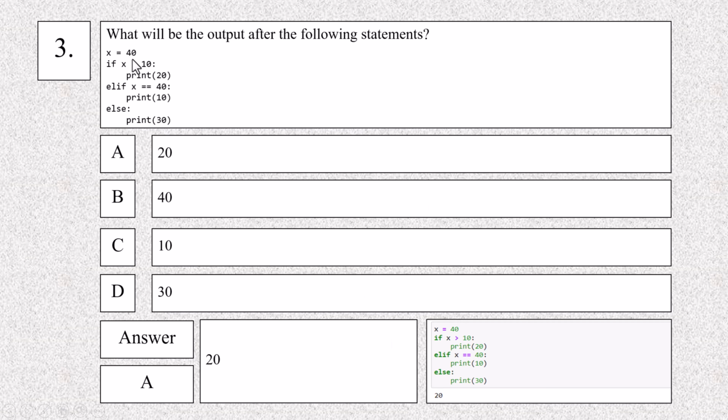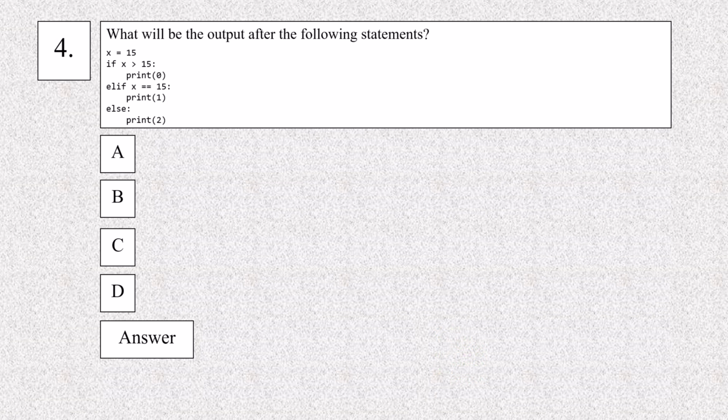Because in the first check, it is checking if x is greater than 10, then print 20. We know that the value of x is 40, that is why it is satisfying this condition, and it bypasses all the else if or else parts, and it is printing 20.